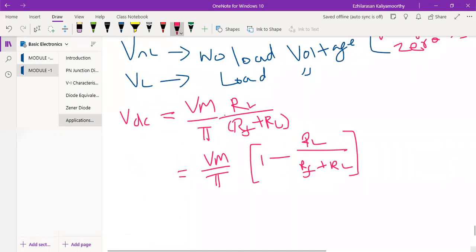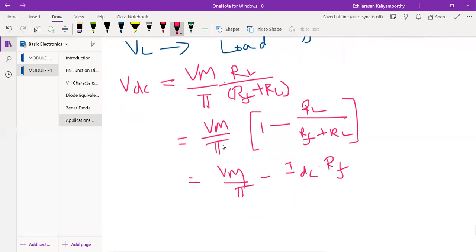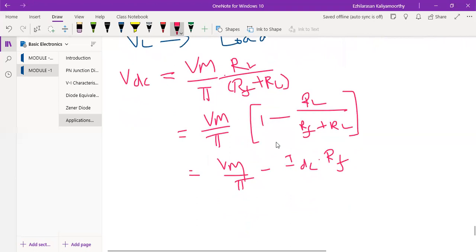So now I will get this value as Vm by pi minus IDC into RF. Just multiply this, Vm by pi into RL.